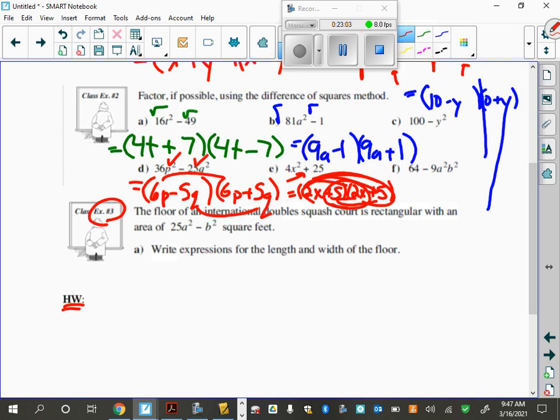So what's the answer? Good try. Not quite. Read the question. Then you would still have negative 20x. Good try. It's not possible.